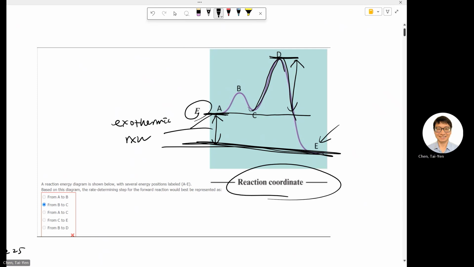One more thing. What is B and D? Transition state, very good, okay. What is C?